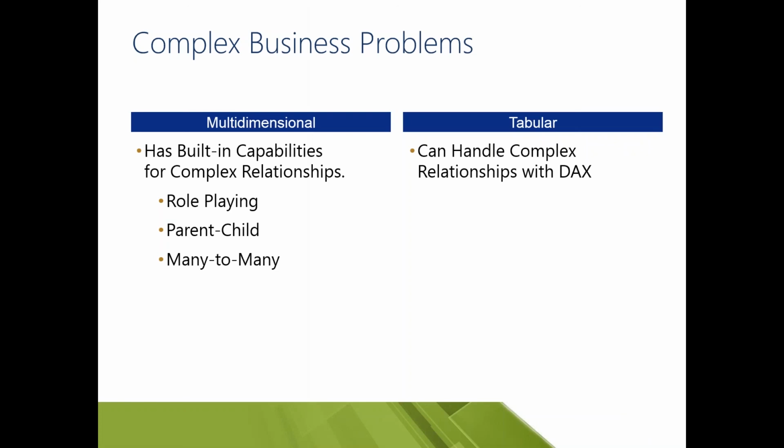In tabular, at least in its current state, you would potentially have to bring in that date table multiple times to have multiple date dimension capabilities. Parent-child is natively supported in multidimensional, not natively in tabular, but can be done through DAX. Many-to-many relationships, again, native to multidimensional, can be accomplished using DAX.